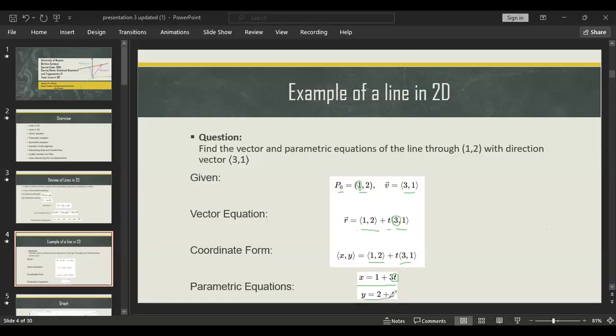And y is equal to 2, which is our y coordinate, plus t. The direction vector component would be 1, and 1 times t would basically give you back t. So it becomes y is equal to 2 plus t.